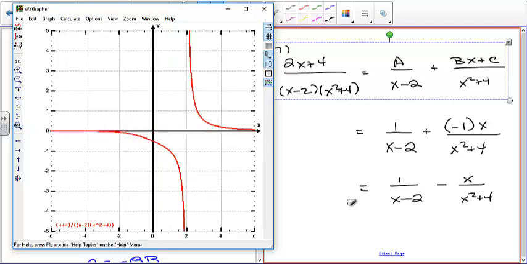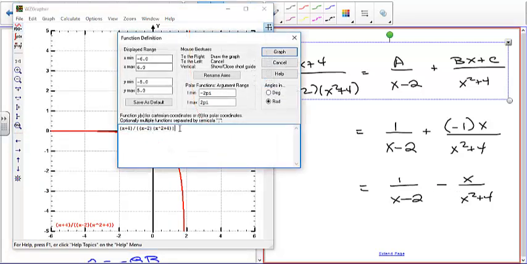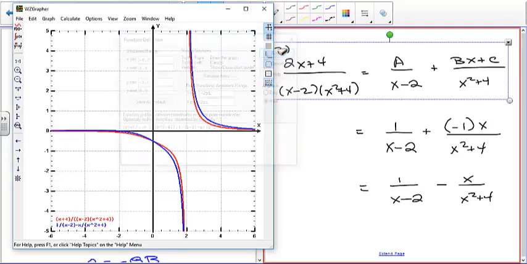Then we have the partial fraction version of this whole thing: 1 over x minus 2 minus x divided by x squared plus 4. Graph. Cross my fingers. Oh no, I messed up again. What did I do?